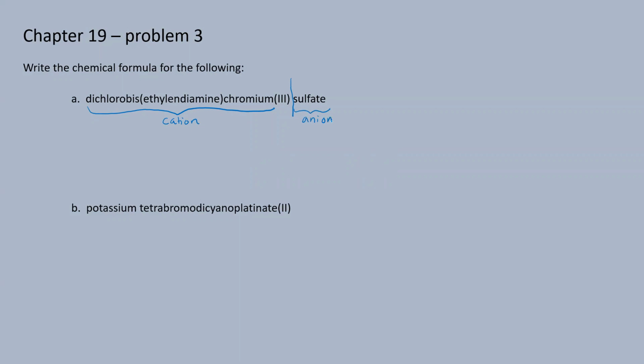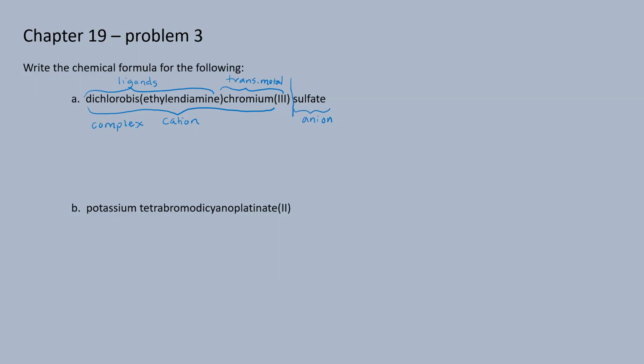Now notice that the first word contains a transition metal, plus it's got all these other things attached to it. So these other things are the ligands, and this is, like we said, the transition metal. So we call this a complex cation.